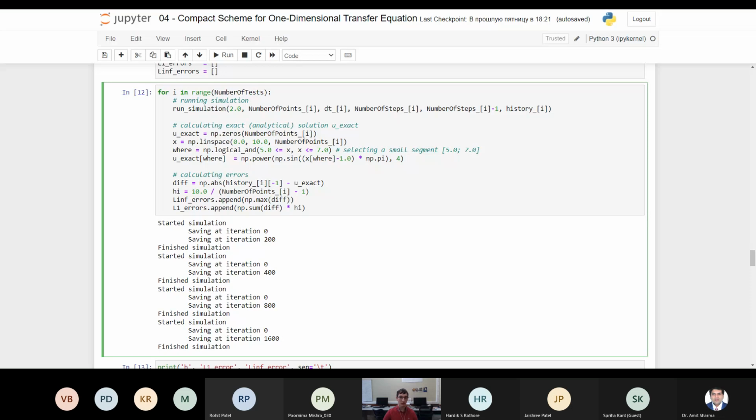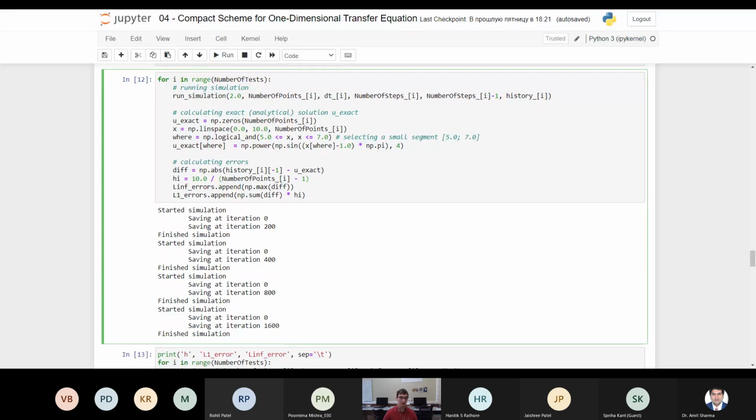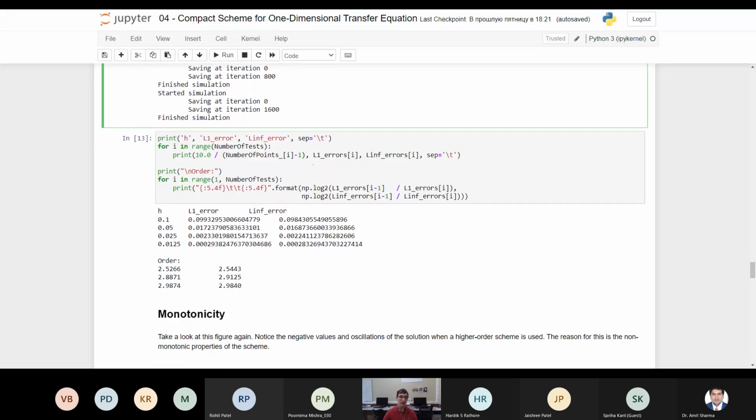And then we actually compute the errors, either as the maximum difference or the sum of this diff array multiplied by the grid step of the current computation. And finally, we can print the resulting values.